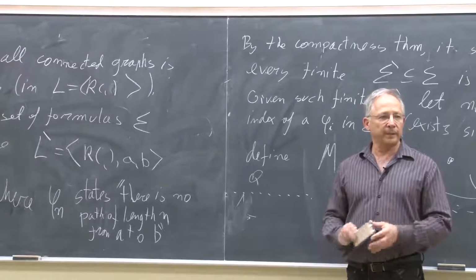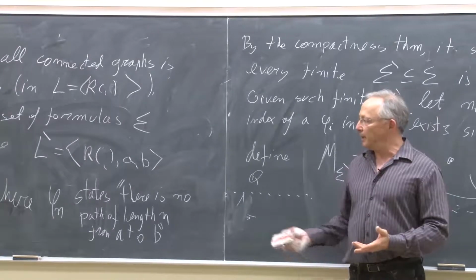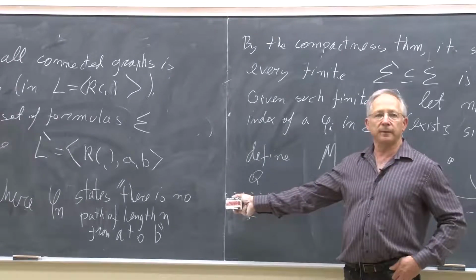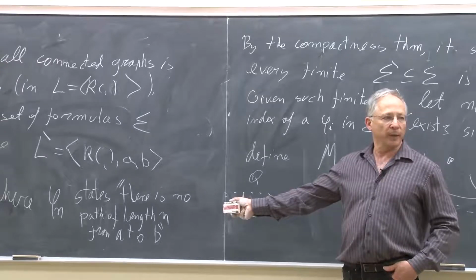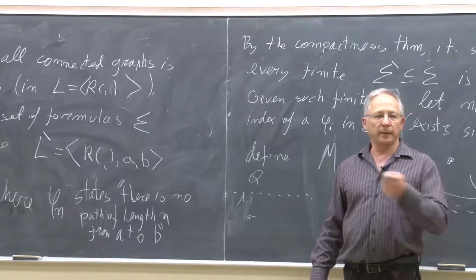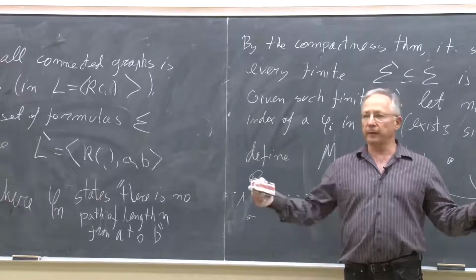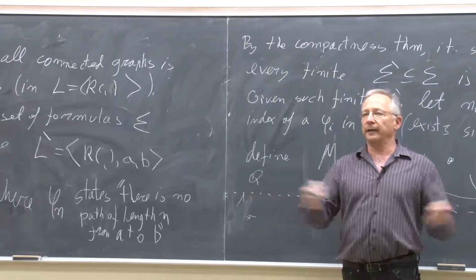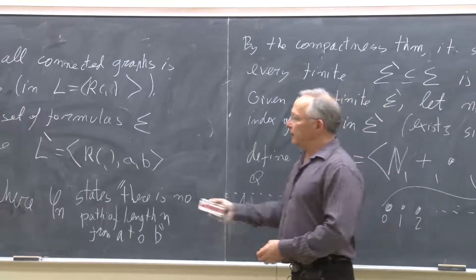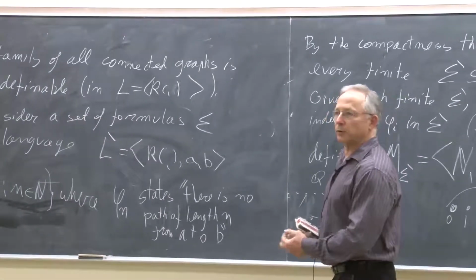Okay, so this sigma says that if I have a structure that satisfies sigma, then this structure is not connected. Why is it not connected? Because the interpretation of A and the interpretation of B cannot be connected. For every n, I cannot find a path of length n between them. So every structure for sigma is not connected.